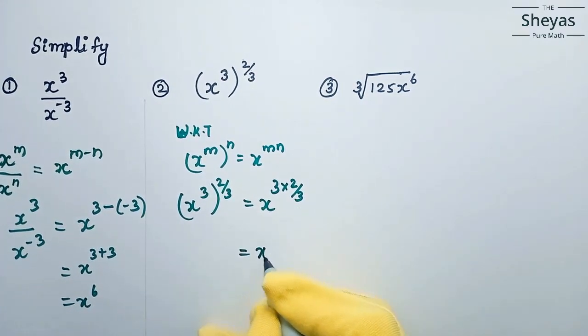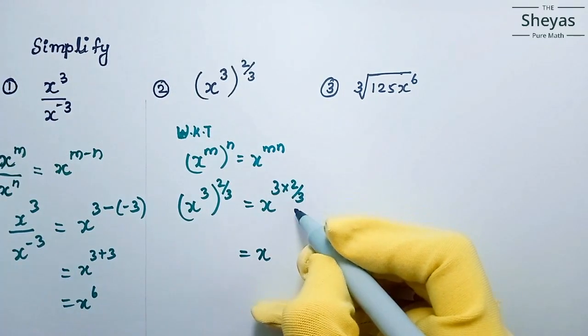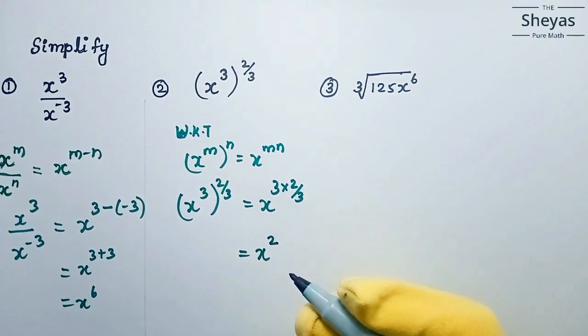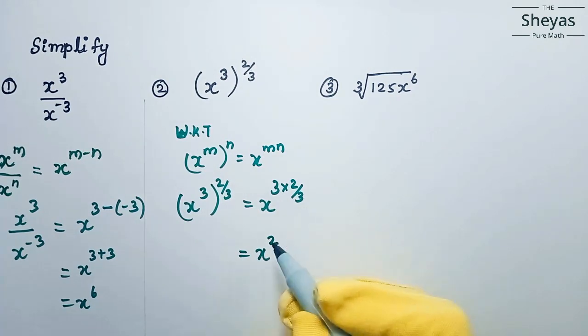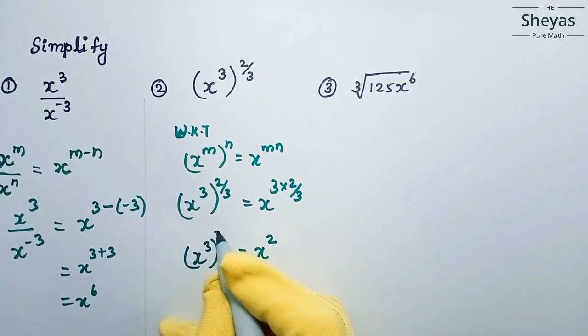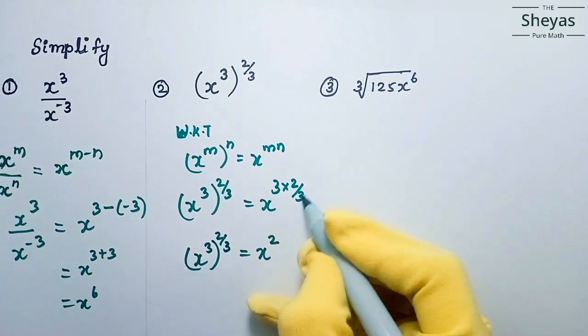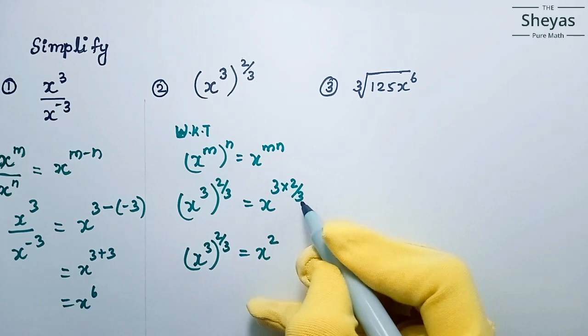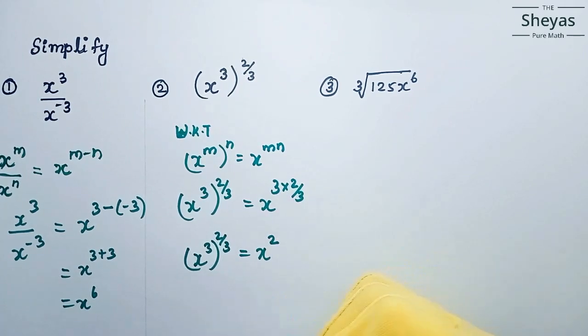Here we can cancel out this 3 and 3, because 3 divided by 3 is 1. So 1 into 2 is 2. So x square is the required answer.